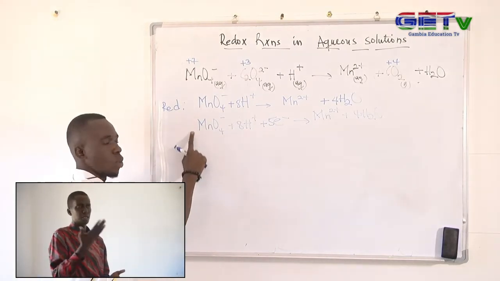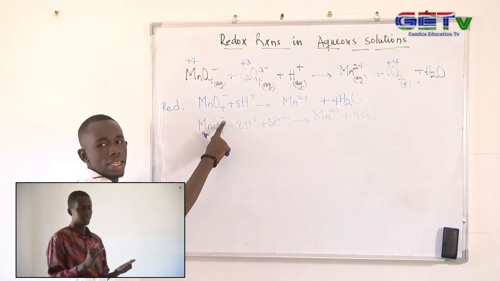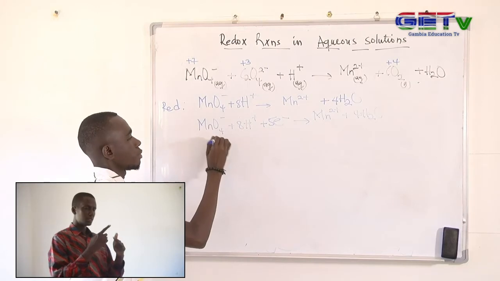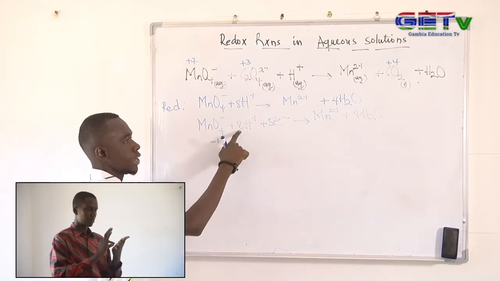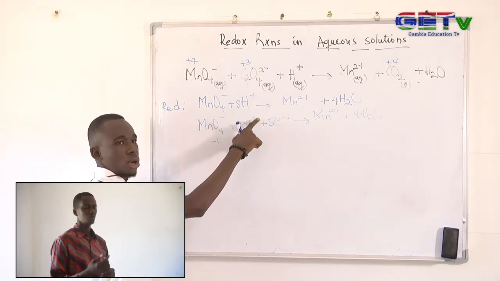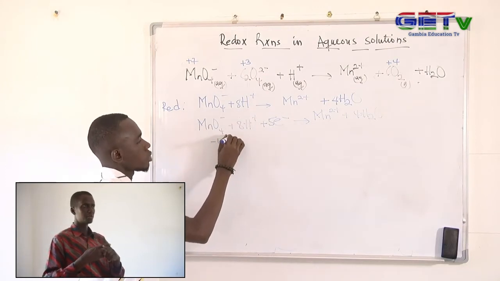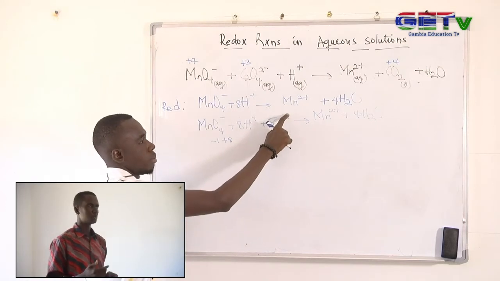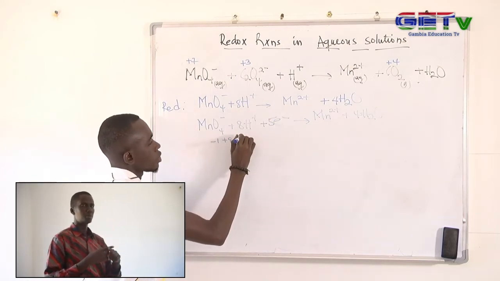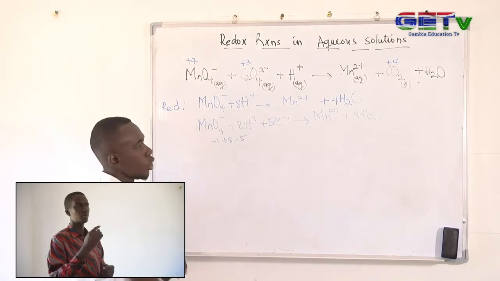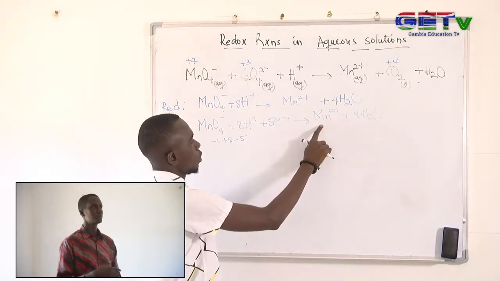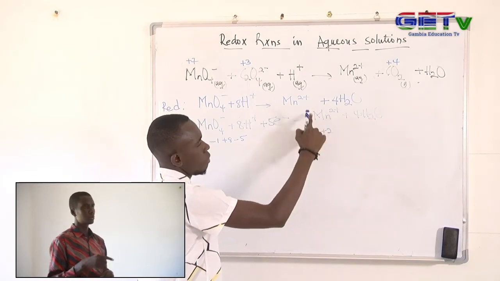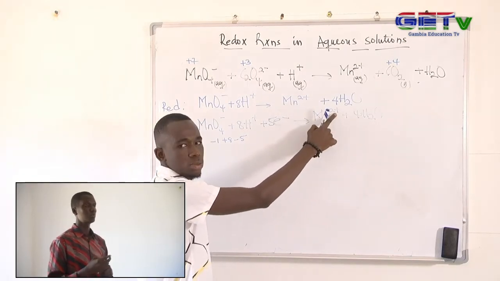Now let's see whether our reduction half reaction is balanced. The mole here is 1, while the charge here is minus 1. So 1 times minus 1 will have minus 1. This 8 times plus 1 will have plus 8. And this is 5 times minus 1, we will have minus 5. We come to this side also. We have plus 2, because this is 1 and this is 2 plus.